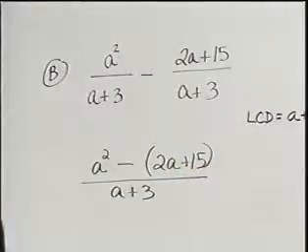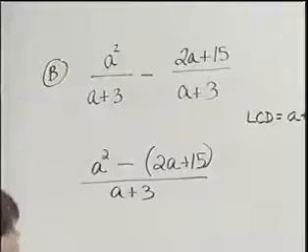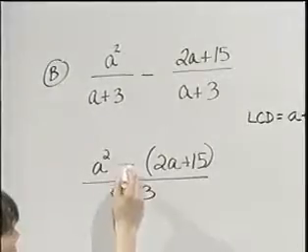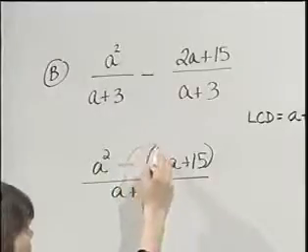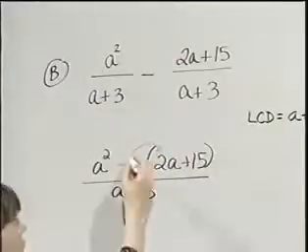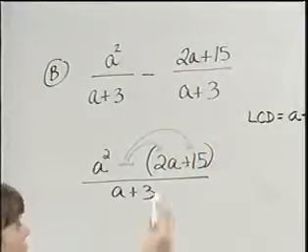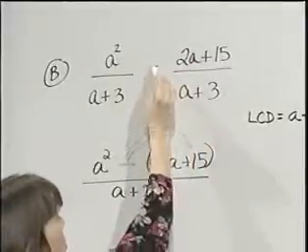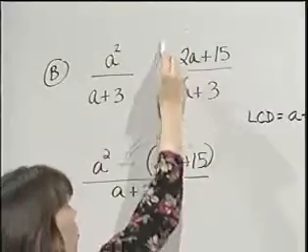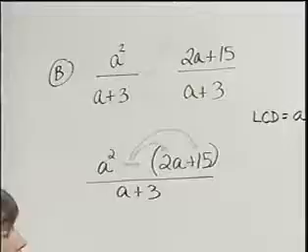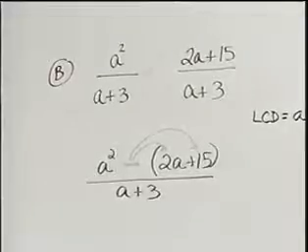You don't have to when you get really good at it, and as you do more and more, it'll come second nature. But what you have to remember is, you're subtracting not only the 2a part, but you're also subtracting the 15. As we look back up here, you're subtracting both the 2a and the 15. You're going to subtract each term in the numerator of that second fraction.